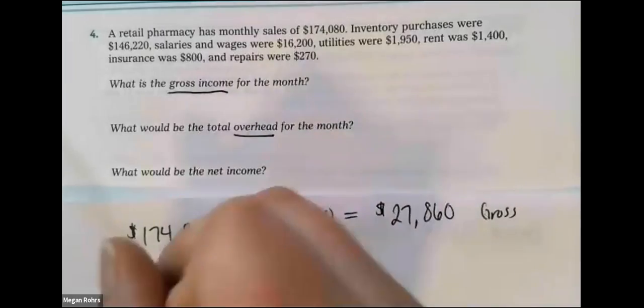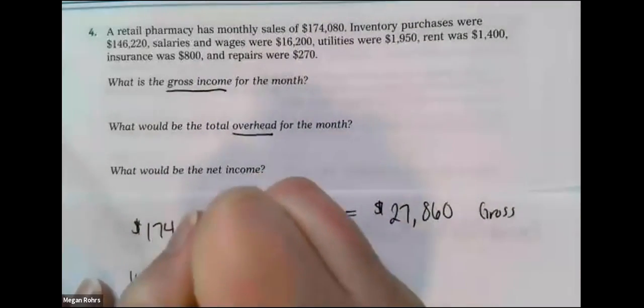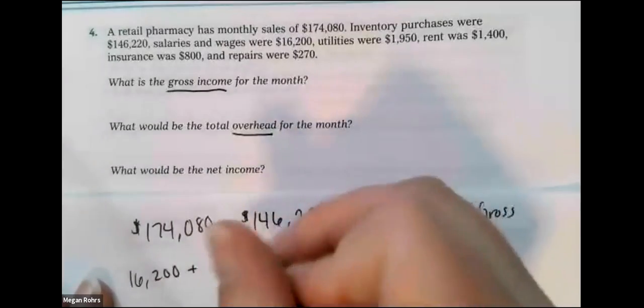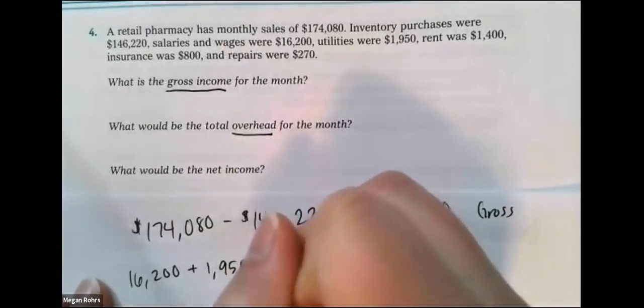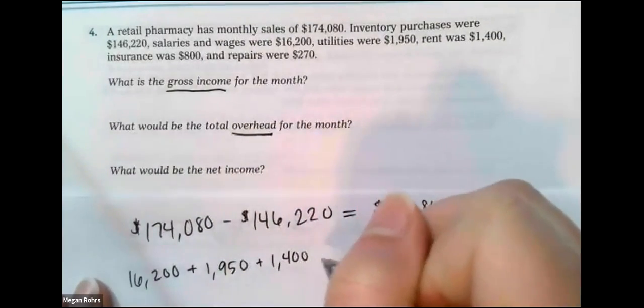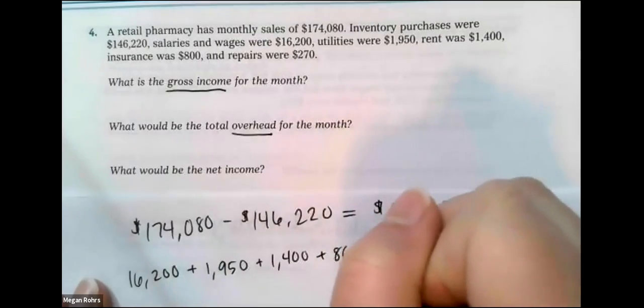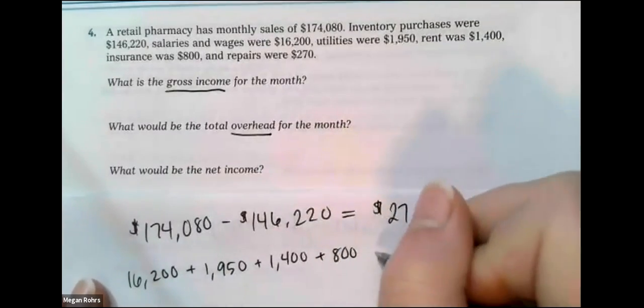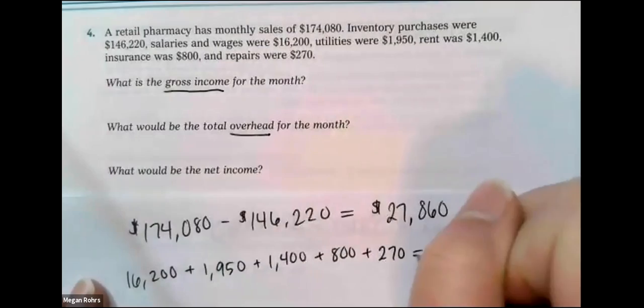So we have 16,200, utilities of 1,950, rent 1,400, insurance 800, and repairs of 270.